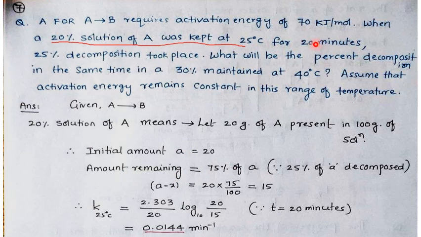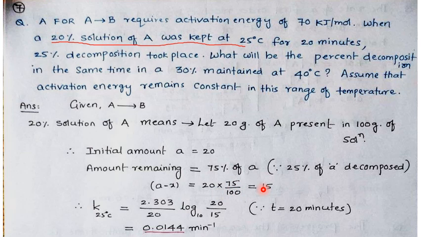For 20 minutes, 25% decomposition takes place. When 25% decomposition is taking place, how much is left? 100 minus 25, so 75% of A is remaining. So A minus X equal to 20 into 75 by 100 equal to 15.